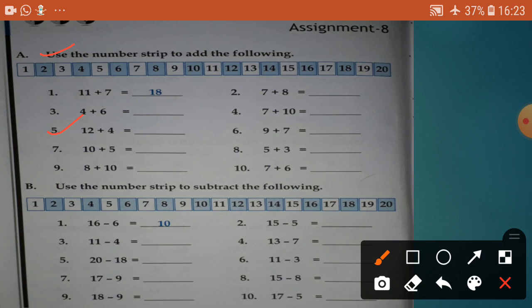Where is 12? Yes, 12 plus 4 means you go 4 steps. Follow me children, I am going 4 steps. 1 step, 2 step, 3 step, 4 step. So your answer is 16. Now I write here 16. You also practice. Okay, next.